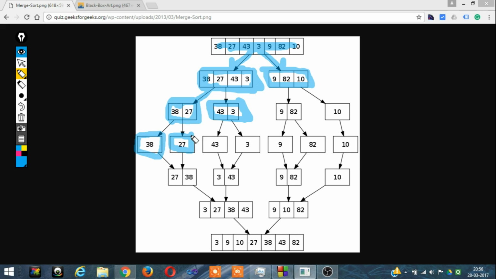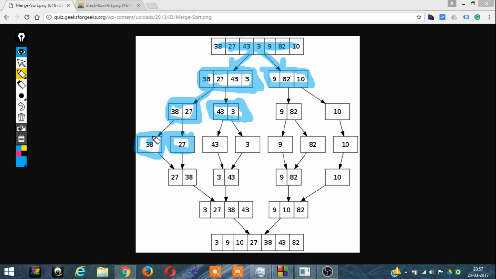Now if there is only one element, then you need not break it again, because one element means the array is already sorted. So at this stage the array is already sorted.